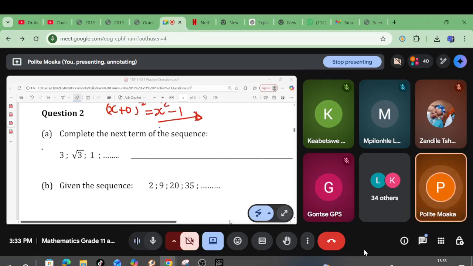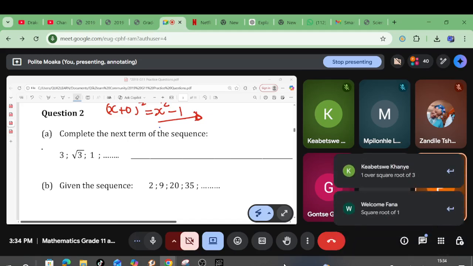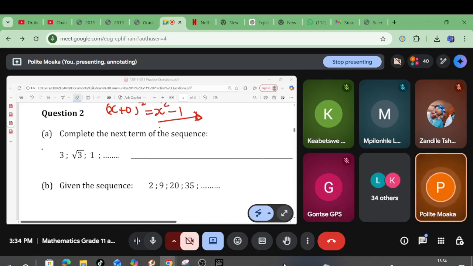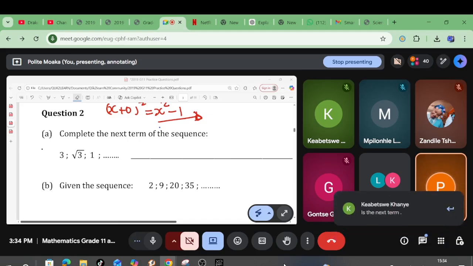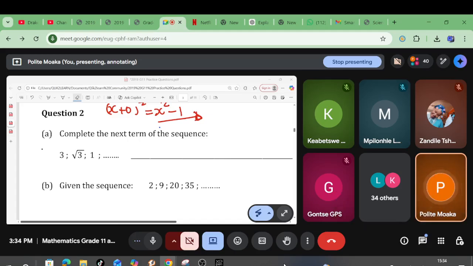The 1 mark should tell you that, you know what, let's not go into too many details. Look at this. When you check at this, ask yourself, what is common here? Can someone tell me what is common? Just give me one thing that keeps on appearing in this sequence.